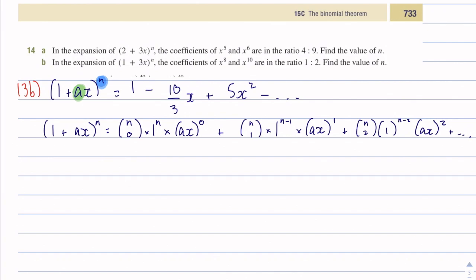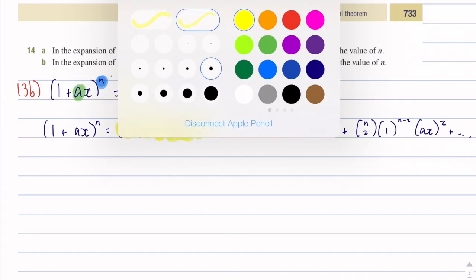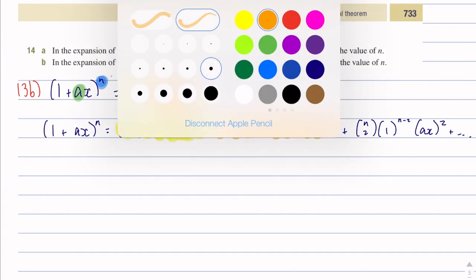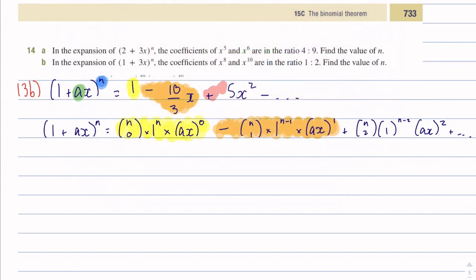And these, I should have done a minus and a plus. So, I'm going to have a look at what equals what. So, this one is this one, this one is this one, and this one is this one.